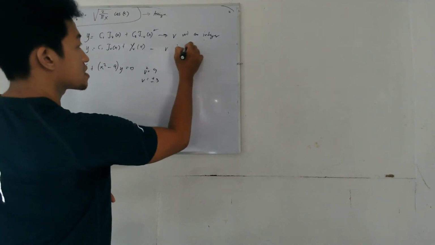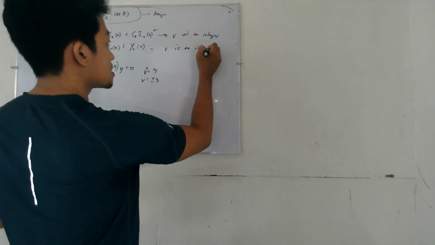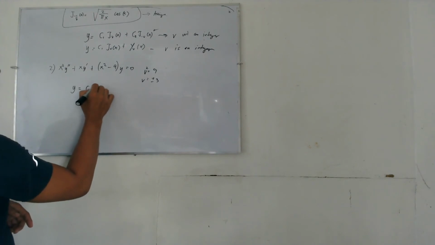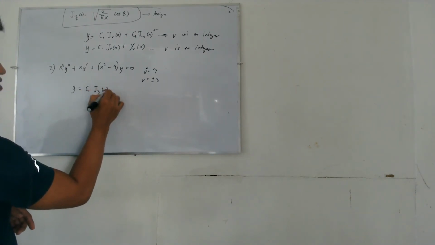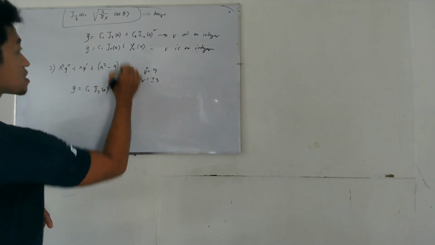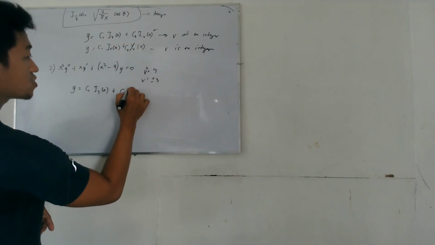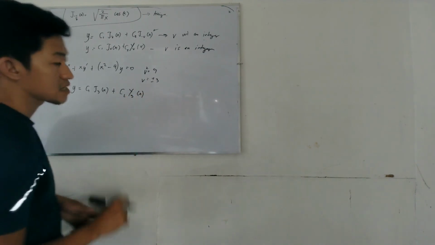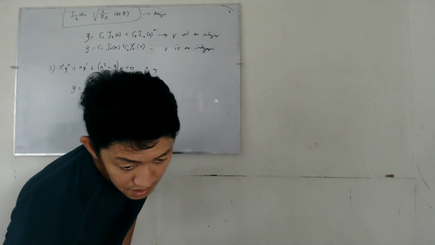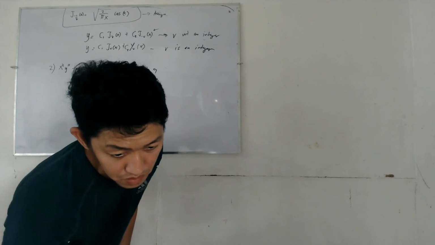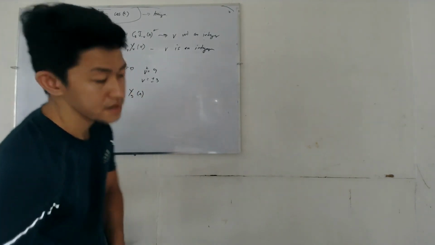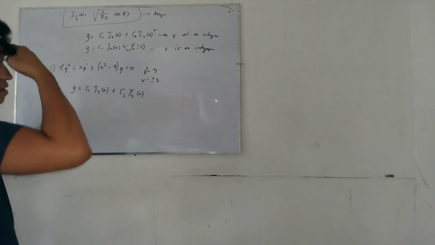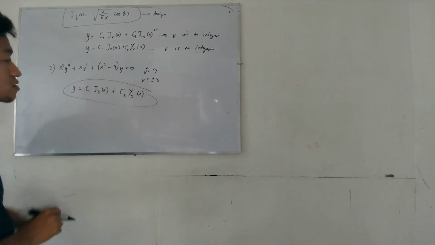V is, for your general solution would be y is equal to c1 j3 of x plus c2 y3 of x. Right? So mo na siya. Okay? Muna na yung general solution.